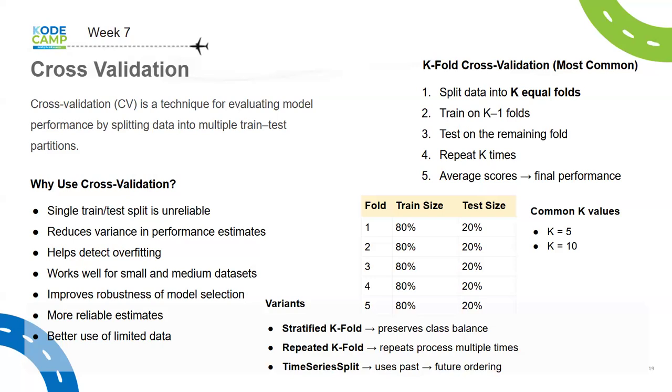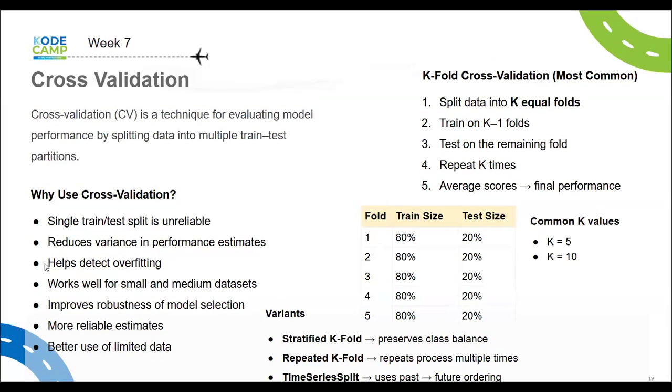So the most common version of cross-validation is what we call K-fold cross-validation. Why it's K-fold is this: typically, if you are doing test train splitting, you would take the data and split it into the percentage that we just mentioned.